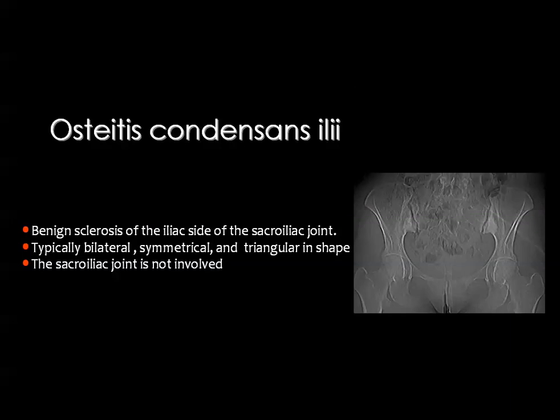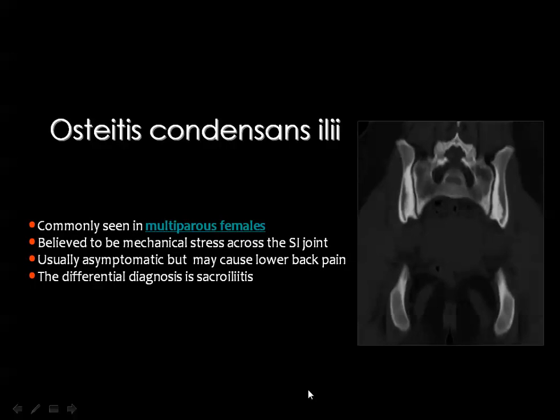The sacroiliitis condensans is a benign lesion which is manifested by sclerosis of only the iliac side of the sacroiliac joint. This is also bilateral and symmetric, but the joint space is not affected. The articular surface is intact, and also the sacral side is not affected by this disease.